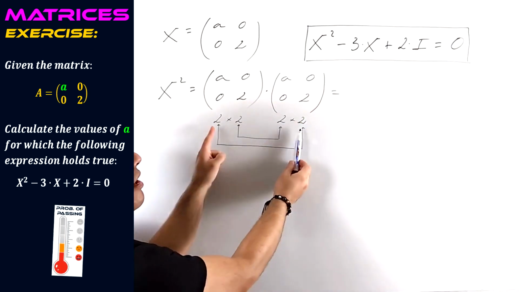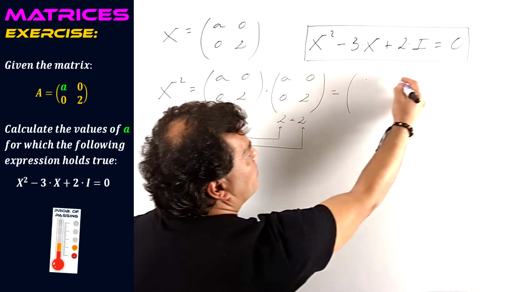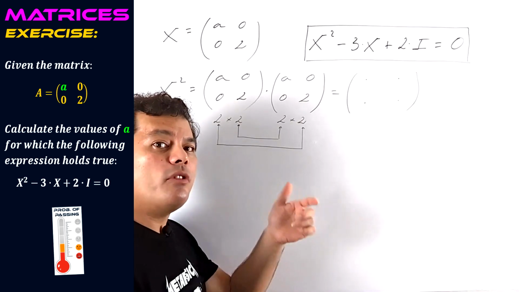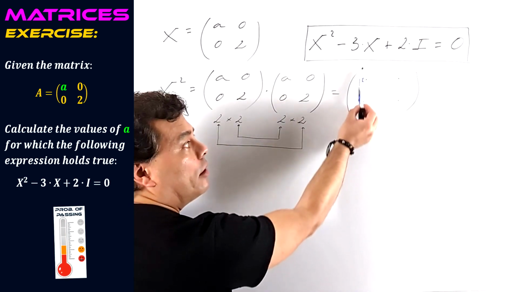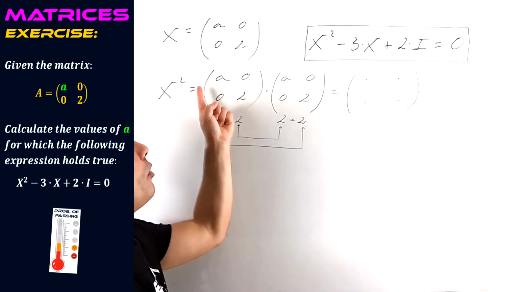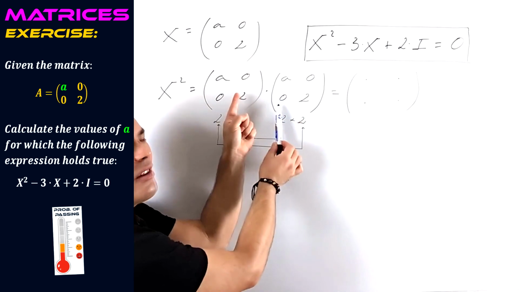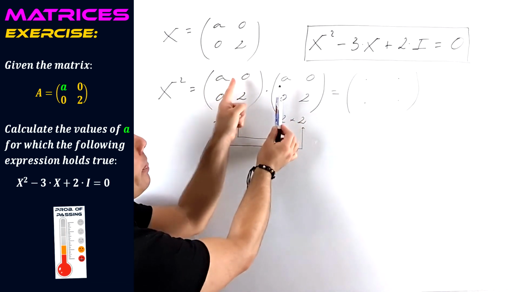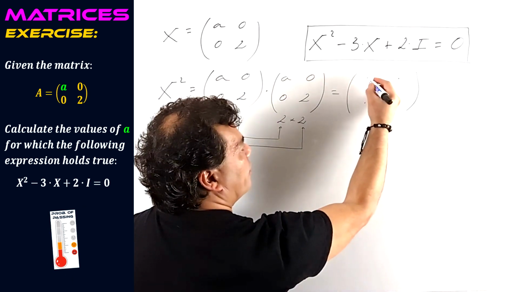In this case, it will be a 2 by 2 matrix or an order 2 matrix, right? And now let's proceed with the product. Position 1, 1, row 1, column 1. That is, row 1 of the first matrix, column 1 of the second matrix. A times A, A squared. 0 times 0, 0. A squared.